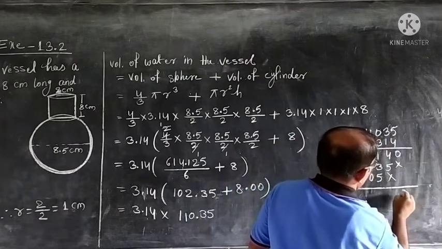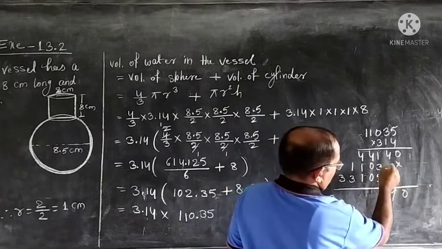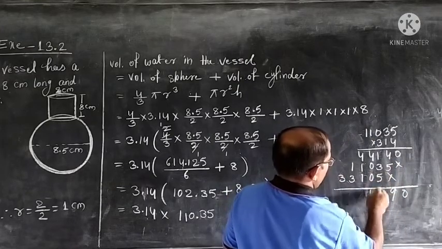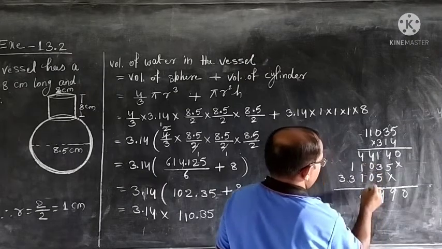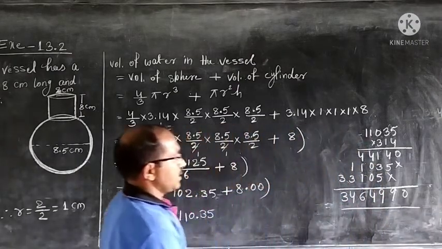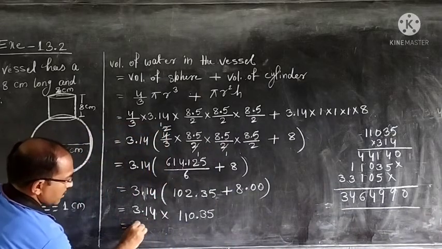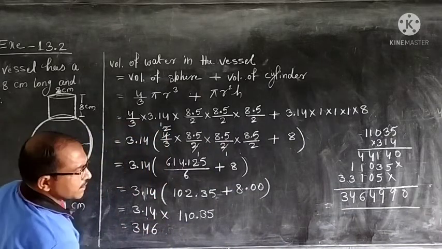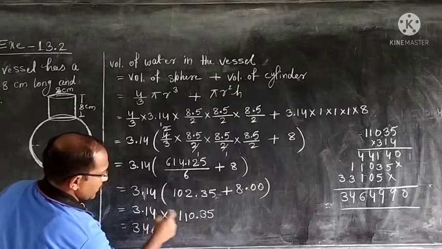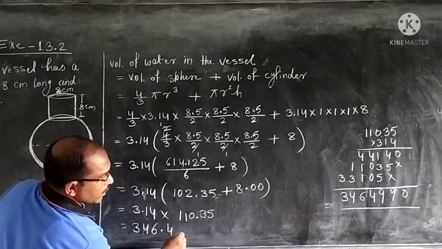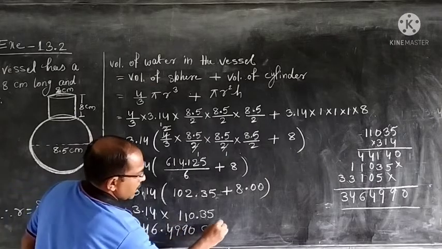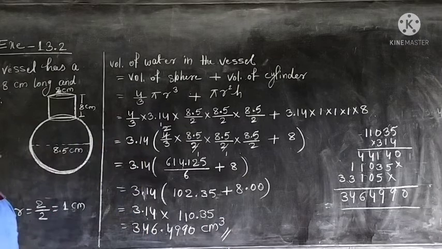So, we get 346.4 and after 4 digit decimal it will be 4990 centimeter cube, the volume of water in the vessel.